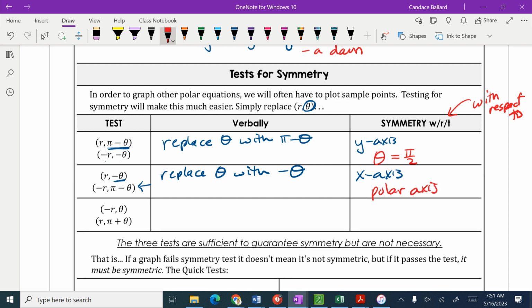Remember, the polar axis is the x-axis in the polar graph. And then the last one is if I replace r with negative r and I end up with this answer, I get origin or pole symmetry. So replace r with negative r, I get origin or pole symmetry.